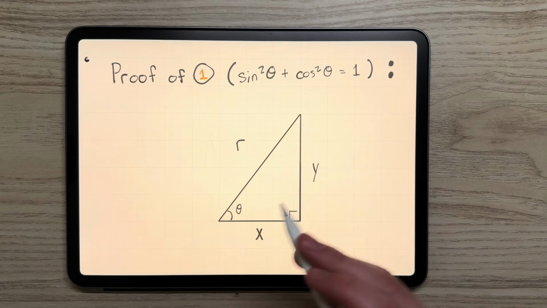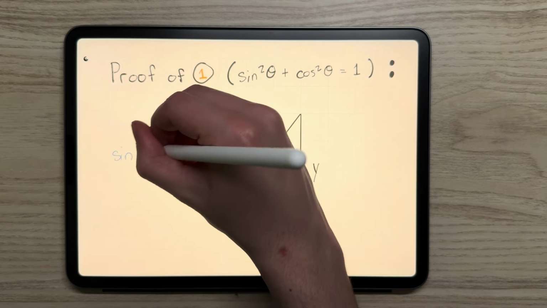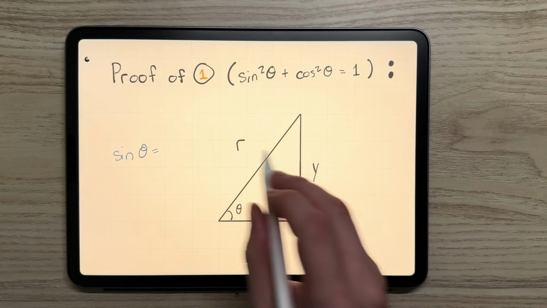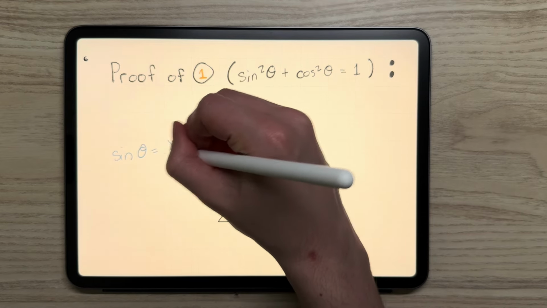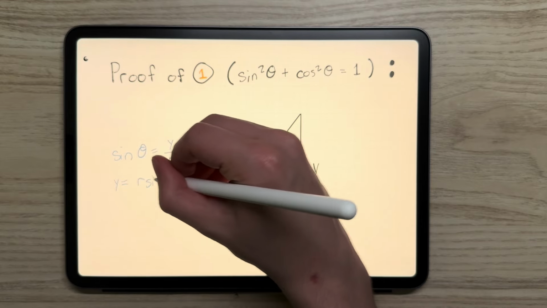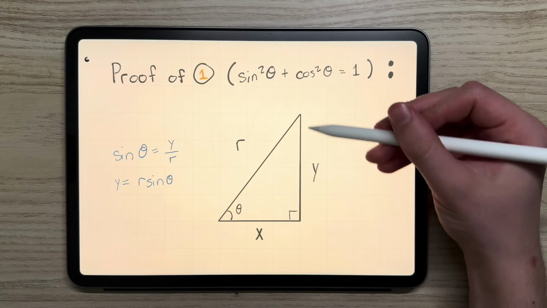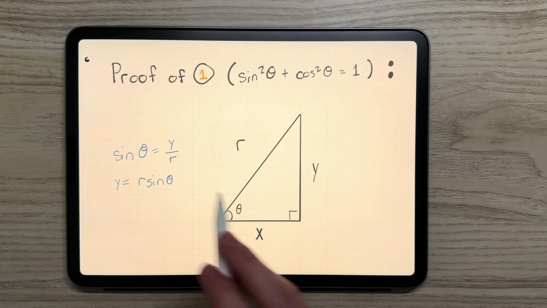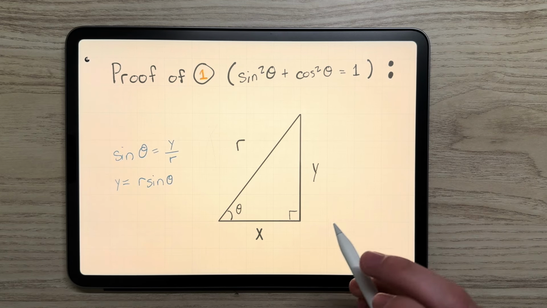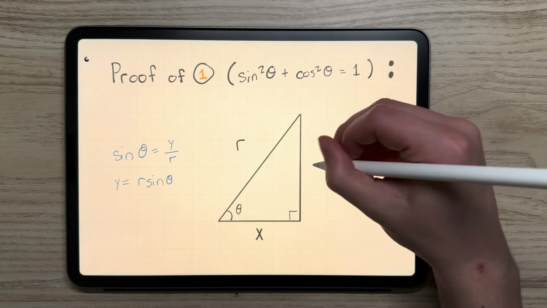So let's see what sine of theta is. So sine of theta is going to be opposite over hypotenuse, which is y over r. That means y is equal to r sine theta. Since y is the length of this side of the triangle and y is also r sine theta, that means we can replace it with r sine theta.